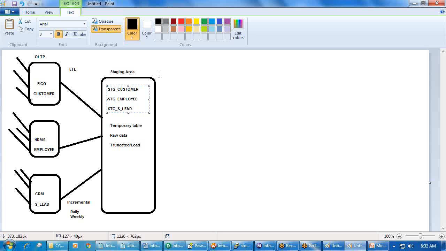For each and every table we'll extract the transactional data and put it into the staging area, and this is done with the help of ETL tools.